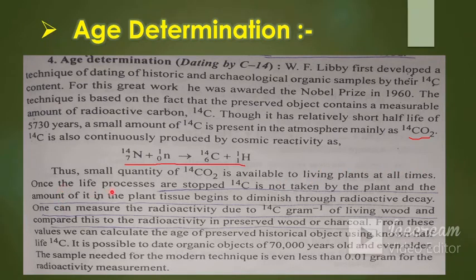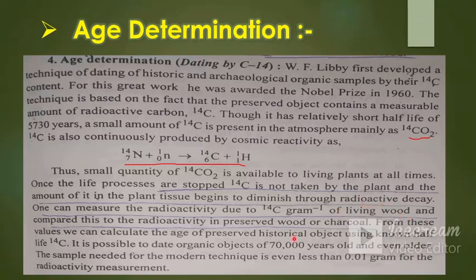Once the life processes are stopped, C14 is not taken up by the plant and the amount of it in the plant tissue begins to diminish through radioactive decay. One can measure the radioactivity due to C14 per gram of living wood and compare this to the radioactivity in preserved wood or charcoal.